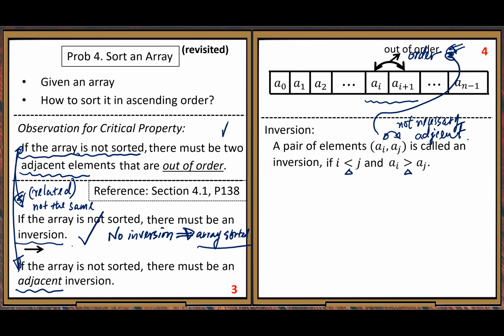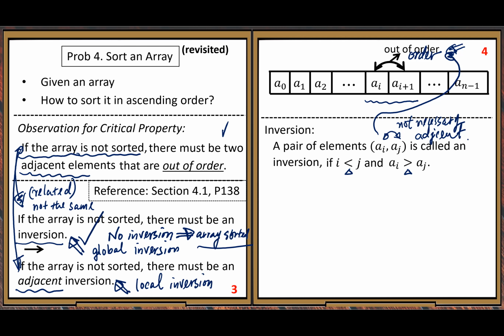So we can refer to the inversion as global inversion. Here, adjacent, we can refer to it as local inversion. So global, local.